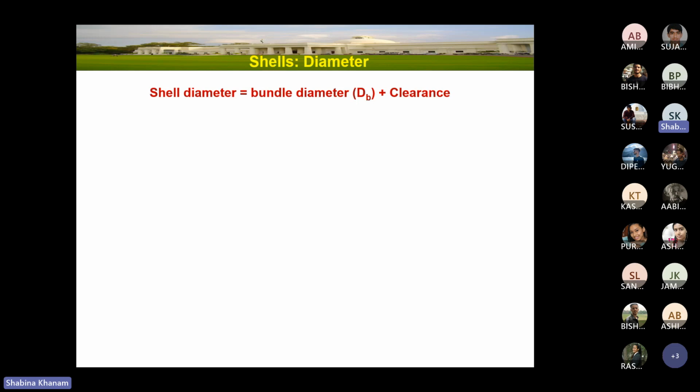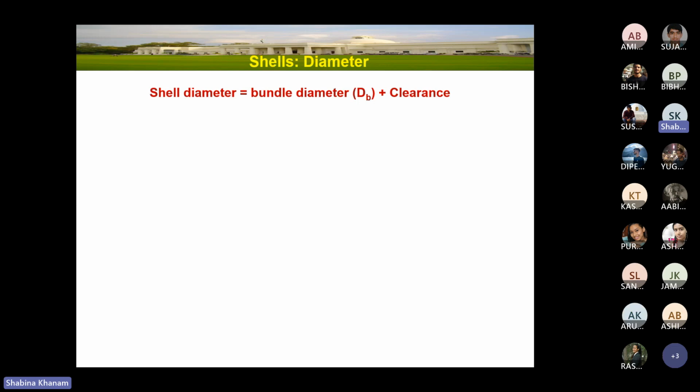There are a number of tubes, but the bundle dia is whatever diameter we get by considering the outer layer of the tubes. And the clearance is the space between the bundle dia and the shell inner dia. Therefore, bundle dia and clearance give the shell diameter.